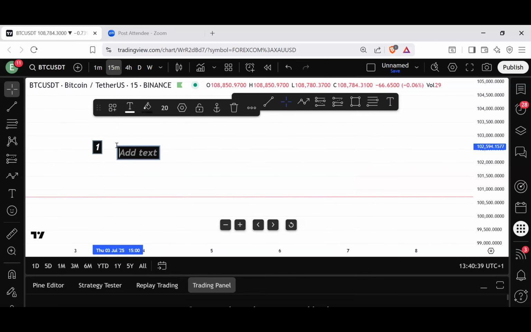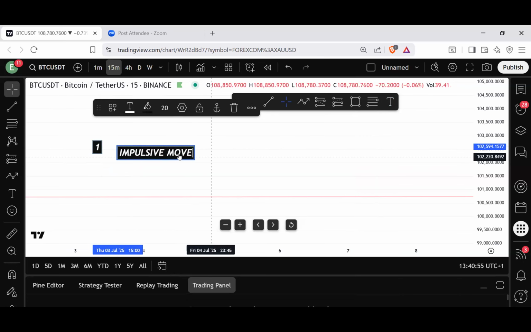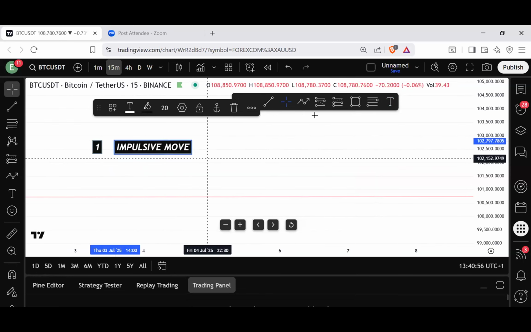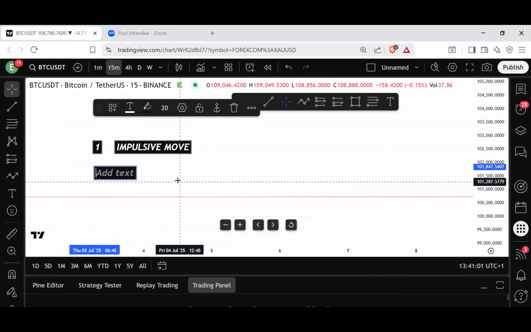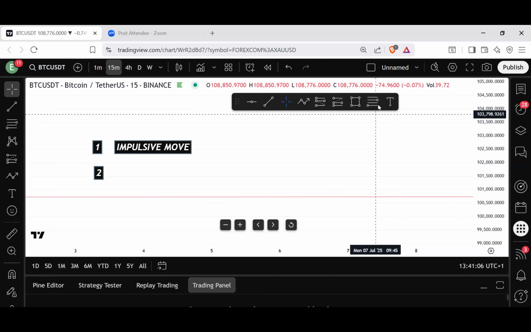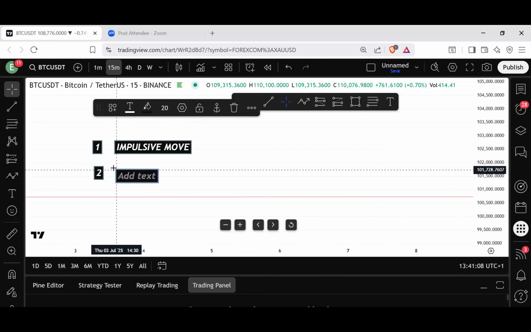Let me make it easier. So the first thing you see is the impulse, followed by number two, followed by inducement.